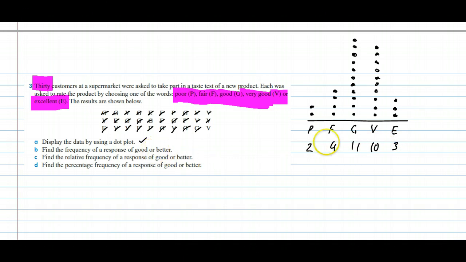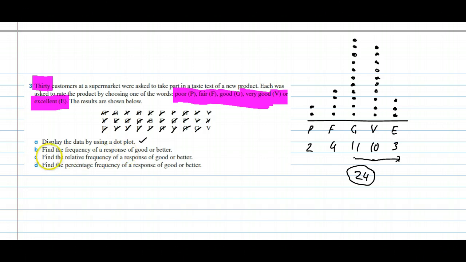For good or better, that's going to include all the columns from good onwards. So good, very good, and excellent. If we add those together, we get 24. So the frequency of good or better was 24. There were 24 responses of good or better.